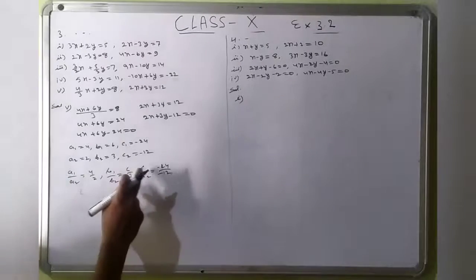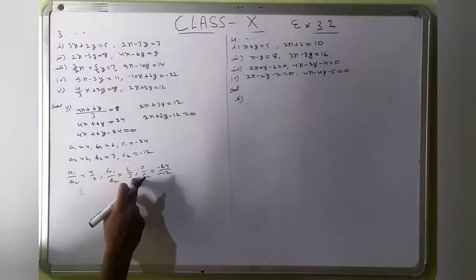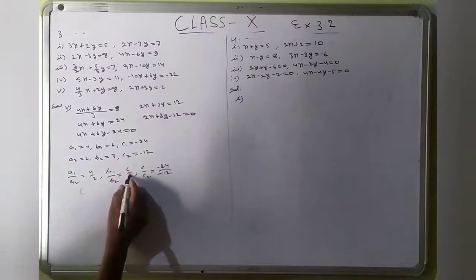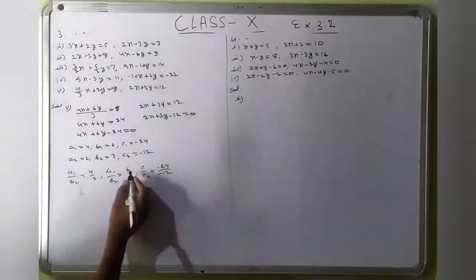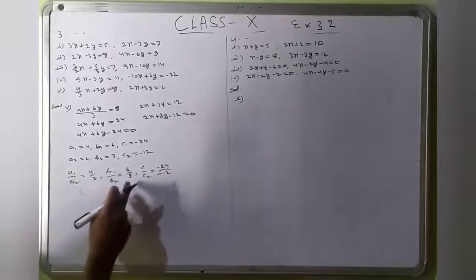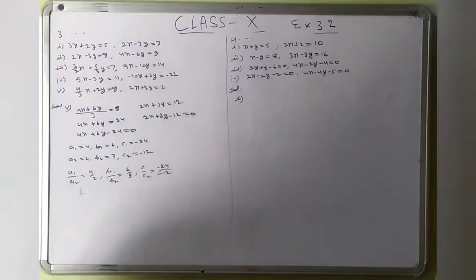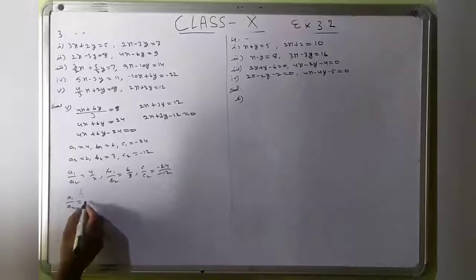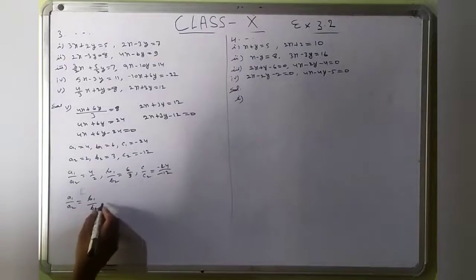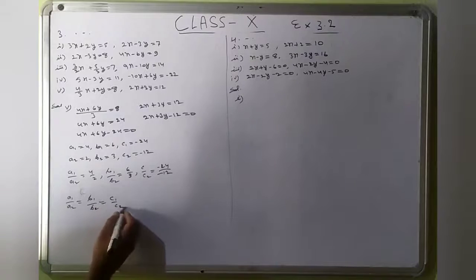Are all three equal? Yes, all three are equal, because 4 by 2 is 2, 6 by 3 is 2, and 24 by 12 is 2. So a1 upon a2 is equal to b1 upon b2 is equal to c1 upon c2.